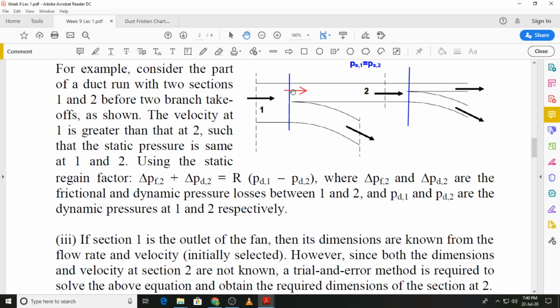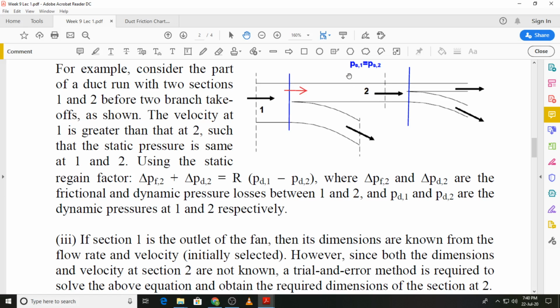And what we are saying is that this velocity that we have chosen as 7 meters per second is such that this increase in the static pressure balances the frictional and dynamic pressure loss between section 1 and section 2.